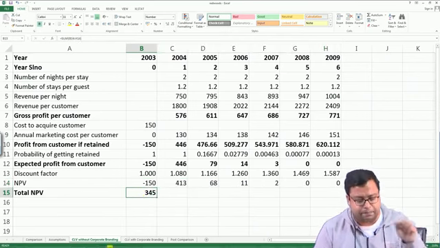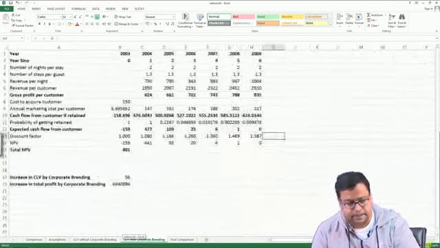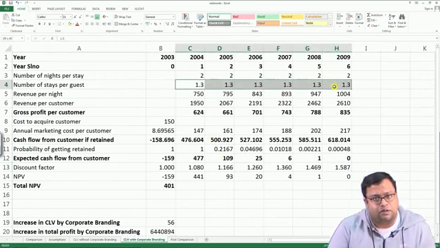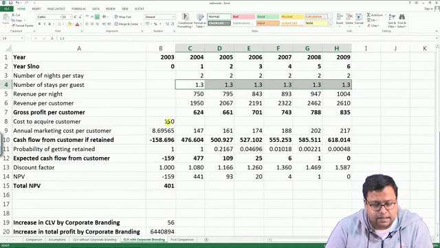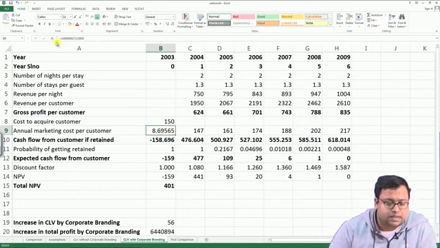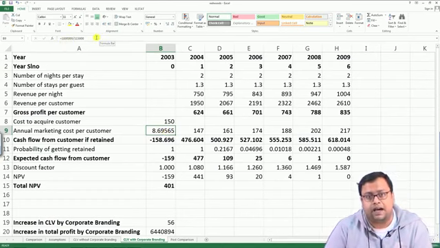I just copied and pasted the whole calculation here. The only thing that changes is that instead of 1.2 it was 1.3, fair enough. Then instead of 150, along with that there was a marketing cost, which is 1 million divided by 115000.